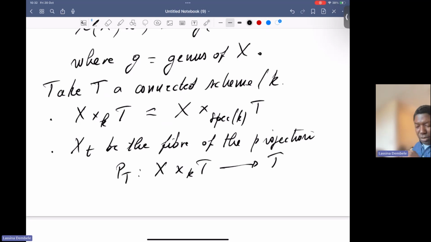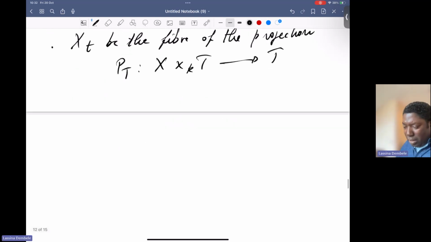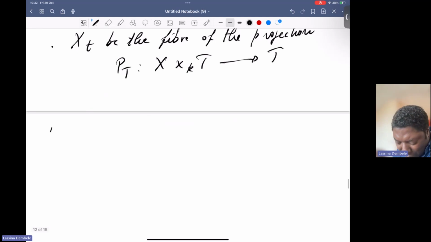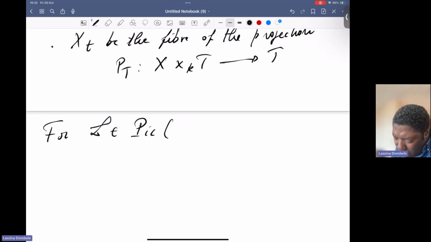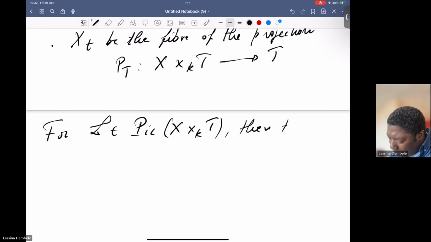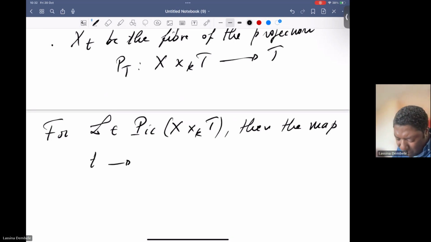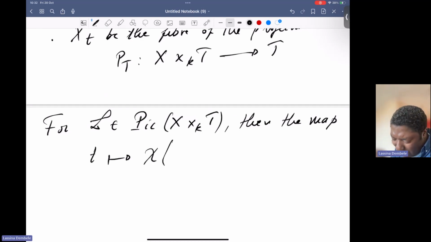And then basically what we know about the Euler characteristic is that if you take a line bundle L on X cross T, then the map which assigns to t the Euler characteristic of the restriction of L at t is locally constant.